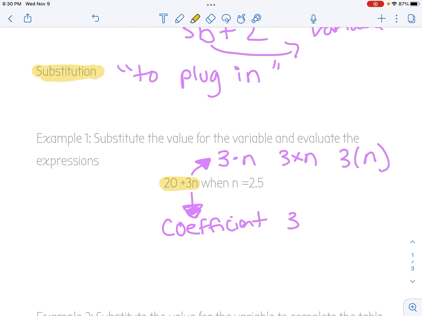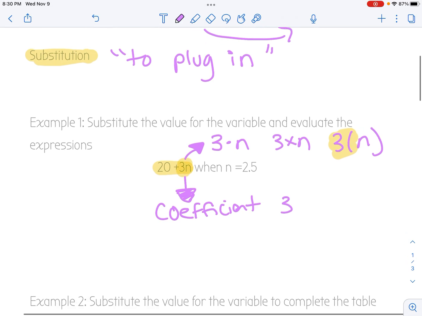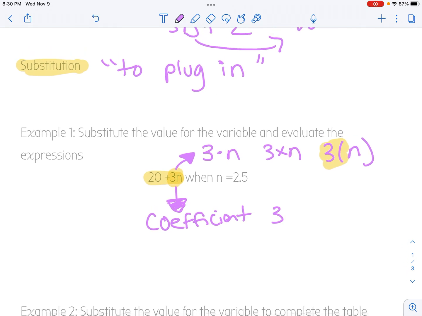So anytime a number is next to parentheses or next to a variable, it means to multiply. So this is really saying 20 plus 3 times n, okay? So now it's telling us to substitute in n for 2.5. So instead of 20 plus 3 times n, we're going to do 20 plus 3 times 2.5.